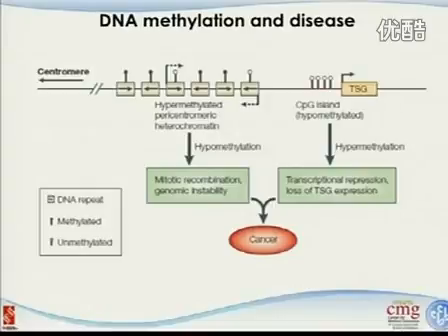Okay, but once something happens in the cell, and this part is hypomethylated, meaning the methylation signal has been removed, this gene that isn't supposed to be active starts to transcribe. If this is an oncogene, that potentially will cause cancer.